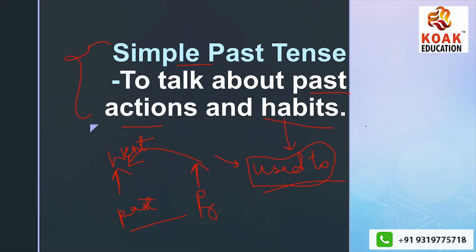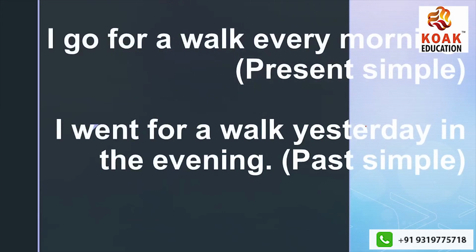So let's move ahead with it now. There are two sentences, guys, that I have picked to clarify a point. The first sentence says, I go for a walk every morning, which is present simple. Next says, I went for a walk yesterday in the evening, past simple. It's simple to understand.